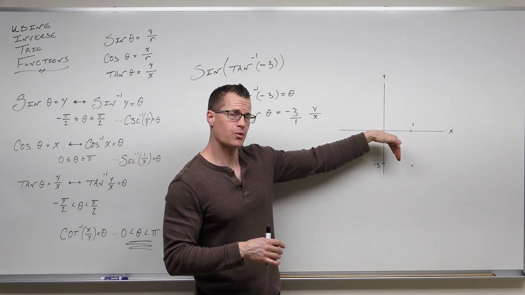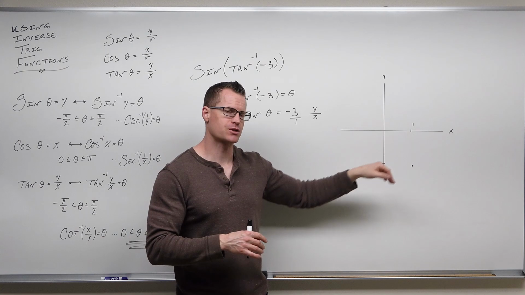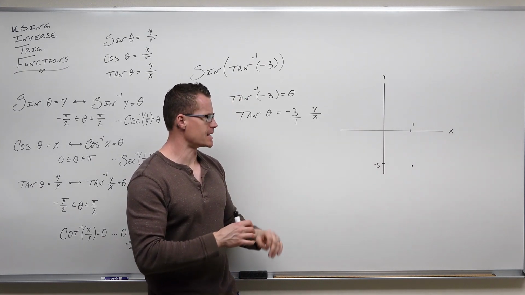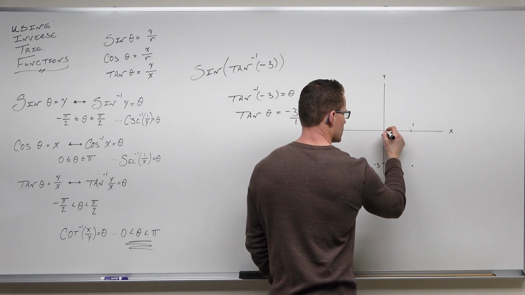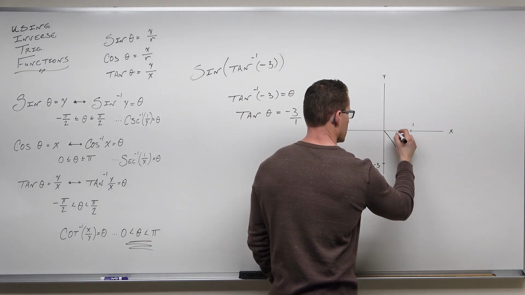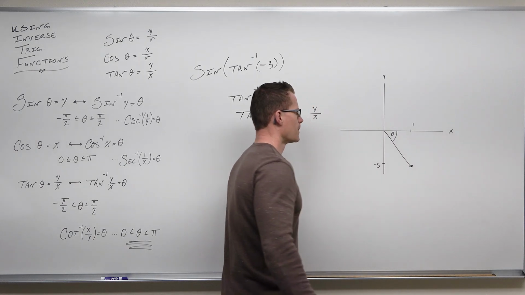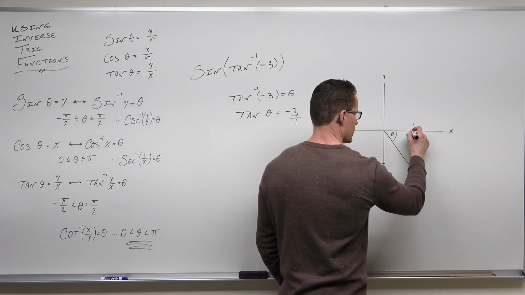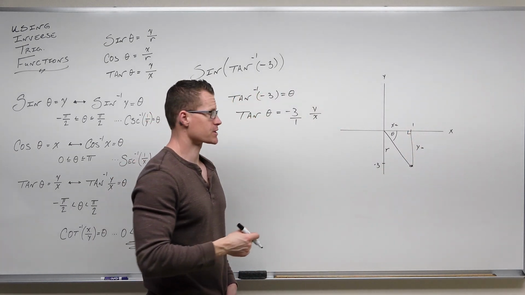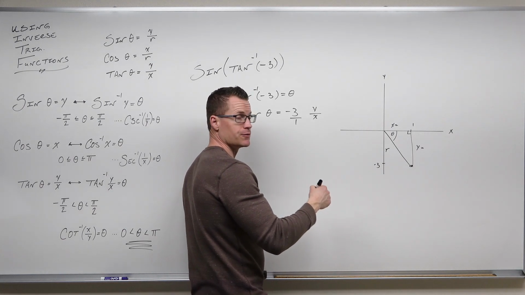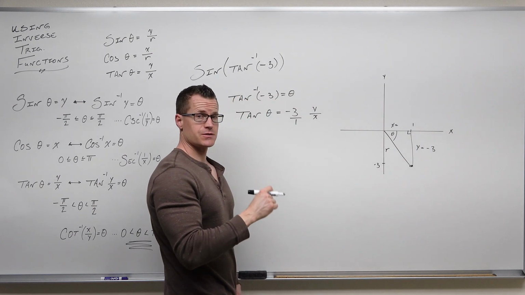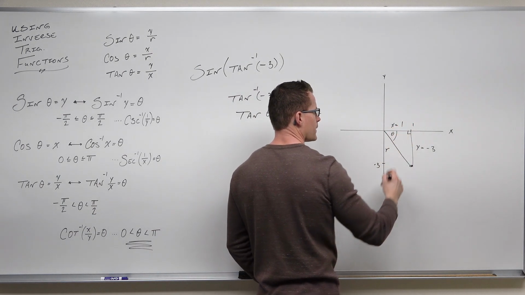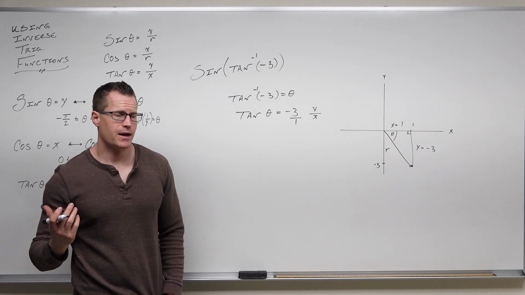So we're in the appropriate quadrant, not that one, this one. Tangent's still negative there, that's fantastic. We have a y value of -3 and an x value of +1. So let's keep going with our setup. We've got a y value of -3, an x value of +1, and we can go ahead and find that r.